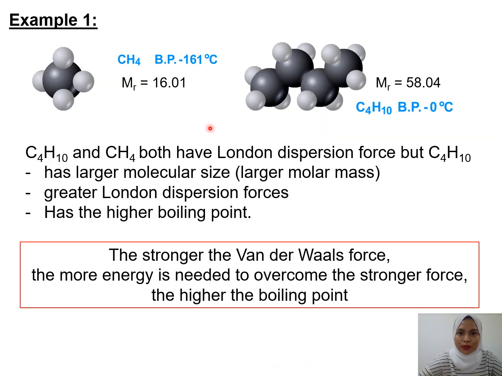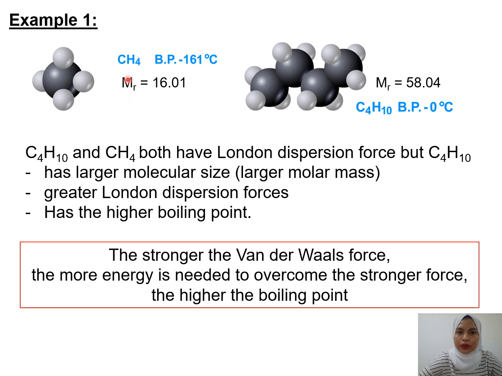Tadi Miss sudah bagi tahu one of the factor yang mempengaruhi molecular size adalah molar mass. So kalau you dapat sesebuah molekul yang you kena compare dia punya boiling point, mana satu lagi tinggi, mana satu lagi rendah, you boleh tahu dia punya size of the molecule melalui pengiraan molar mass of the molecule tersebut.